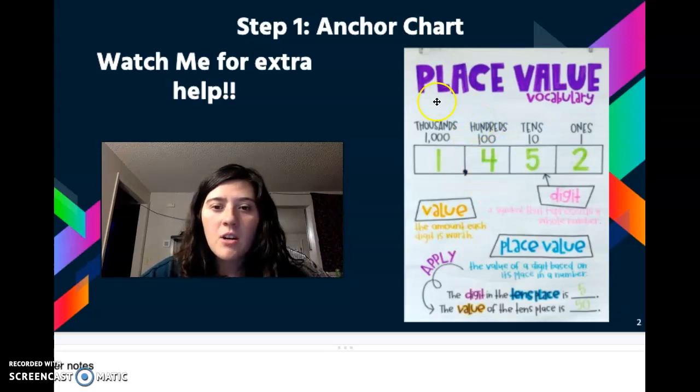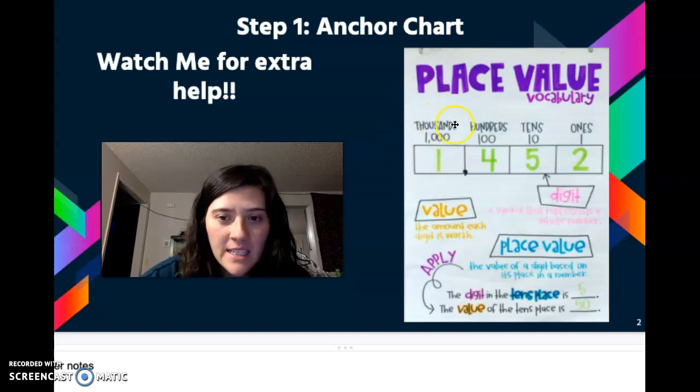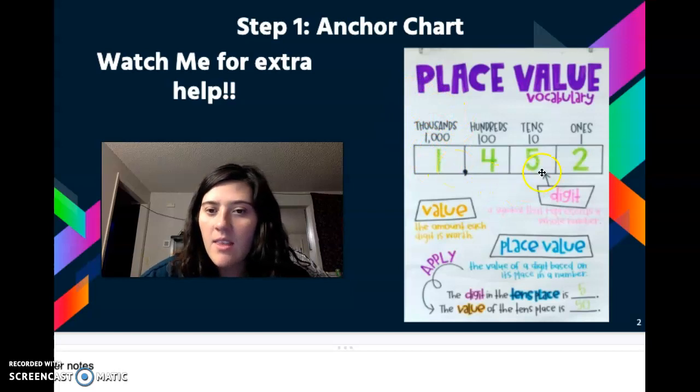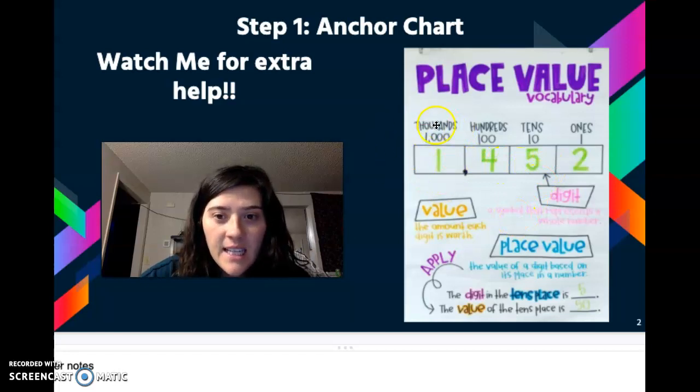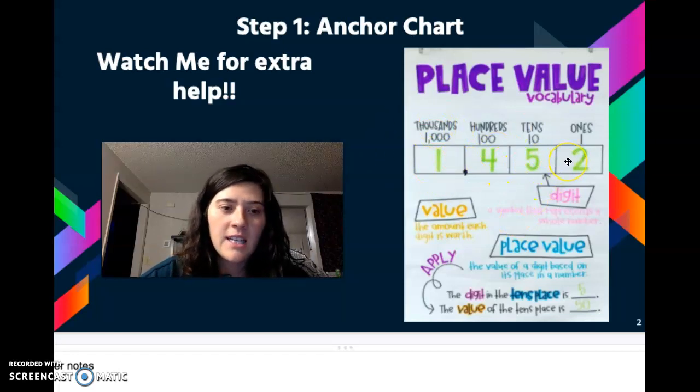Then the 1 is the digit in the thousands place, which means the value of this 1 is 1,000. And then the same thing for the rest of the numbers. So we could say what place it's in, and also what value it is.